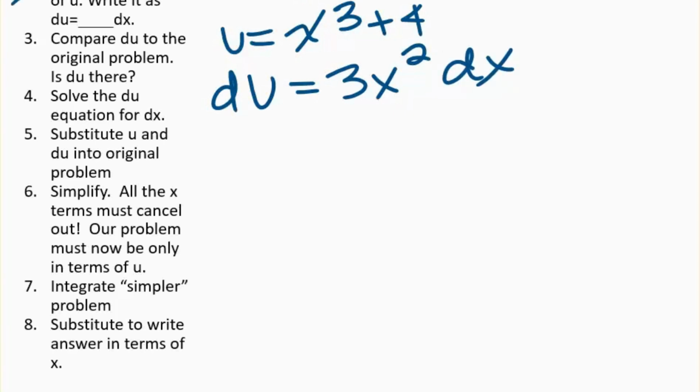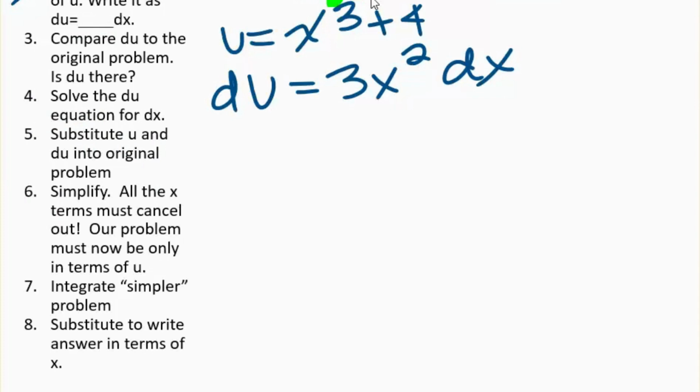Steps 1 and 2. Okay, now I'm going to pause for step 3, and I'm going to go back and look at the original problem. I'm going to look at the part that's not my u. What I want to see is that my du contains the variable to the same exponent. So I have 3x squared.